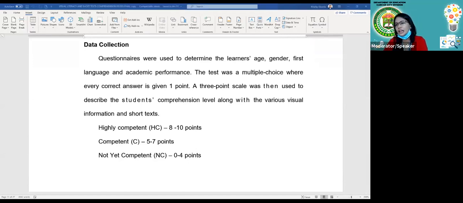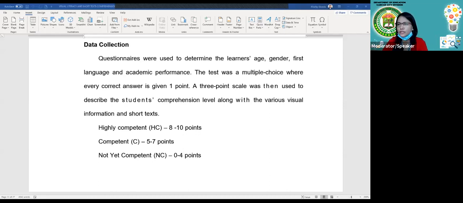So in our case, we use questionnaire. Actually, this is a researcher-made questionnaire. Before I come up with the final list of indicators to be included in the questionnaire, I also did pilot testing. Okay, and then get the validity and reliability constructs of the questionnaire.